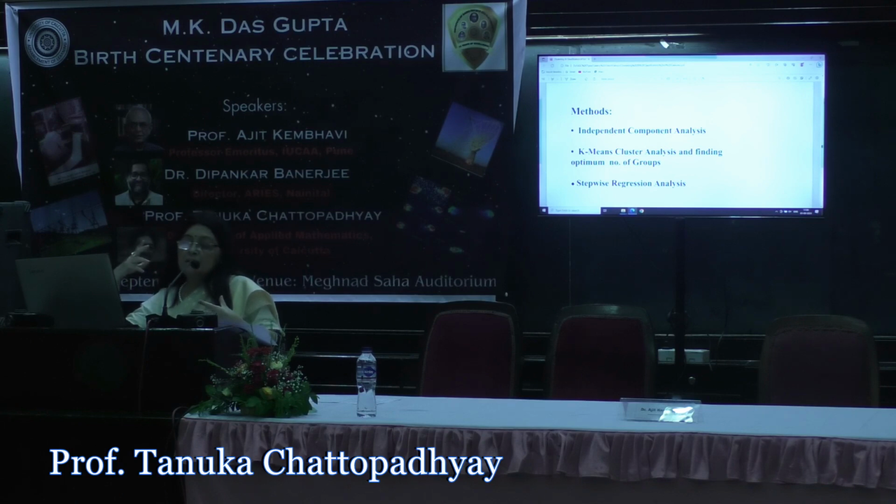Then we have done K-means cluster analysis, which I have told you about, and we have found the optimum number of groups. Then we have predicted the star formation rate in number of parameters through a regression analysis, which is a very different type, stepwise regression analysis.